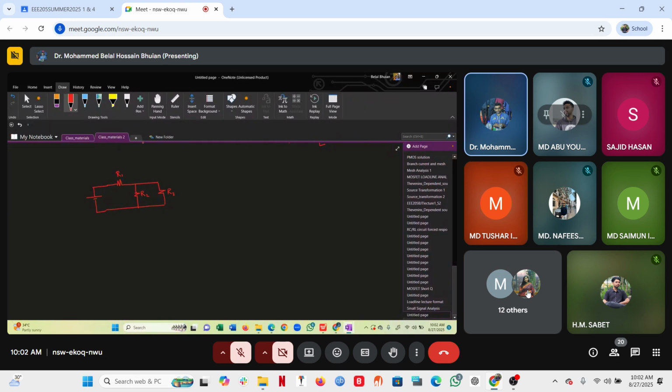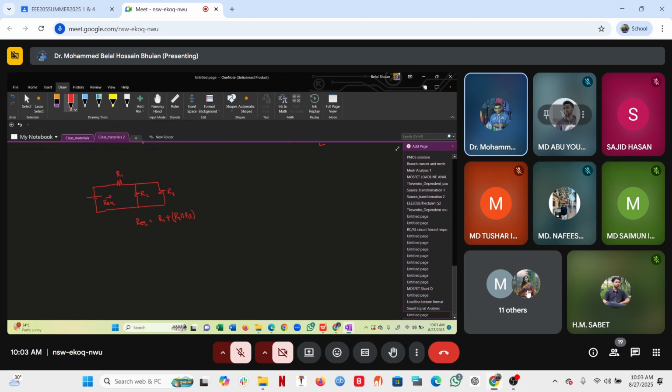So you are asked to determine the R equivalent. What did we learn? R equivalent is what? First of all, R2 and R3 are parallel, and R1 is in series with them. So I can write R1 plus R2 parallel R3.